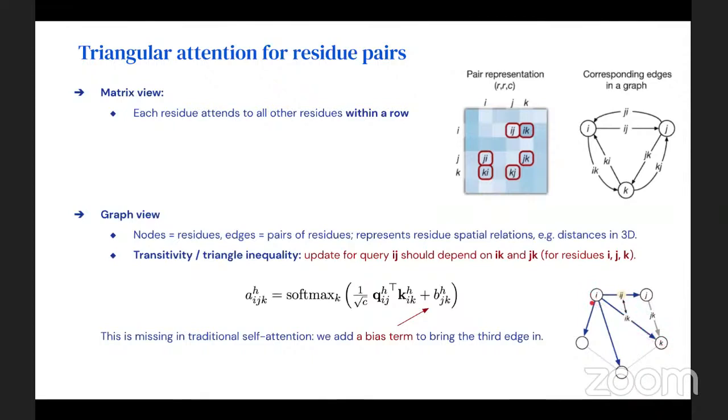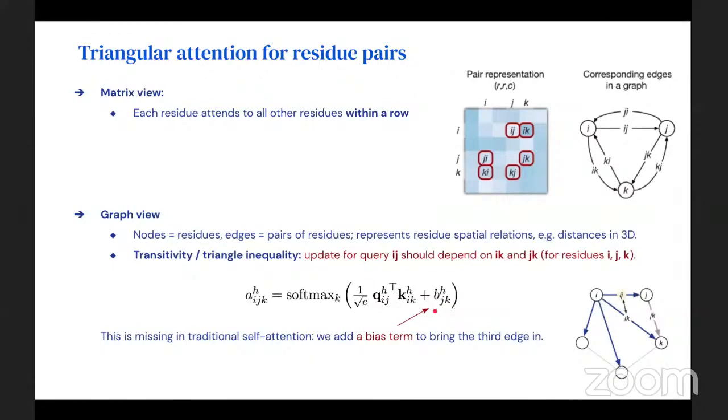You should have some interaction which encompasses all three of these edges. Whereas currently, we only have two. ij will talk to ik, right? So there is a missing third edge. And what we do here is we basically add this extra third edge. So if we write out the equation for the attention weights, you already have ij and ik. And what we do, we add a term which depends on jk.